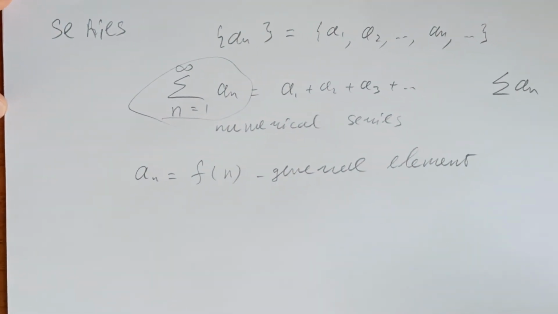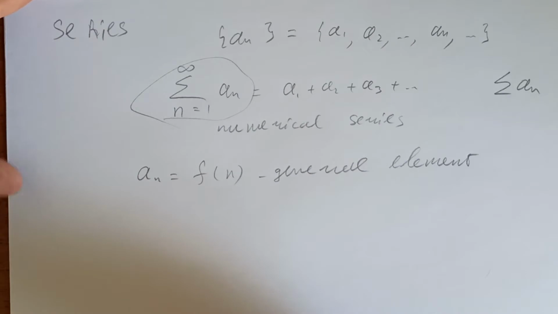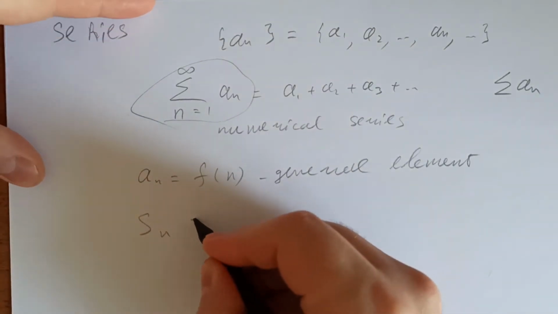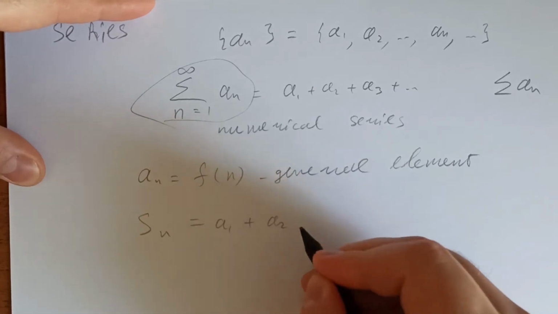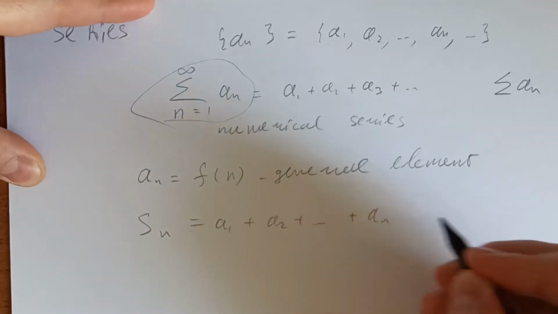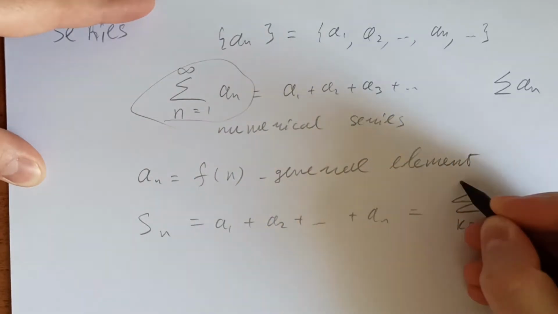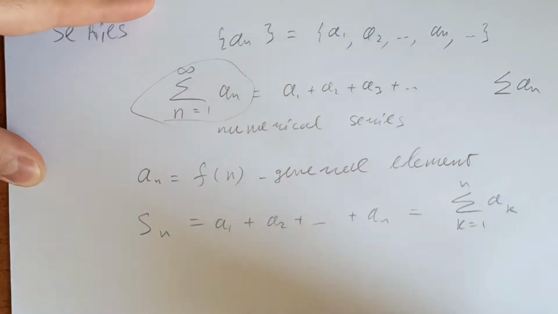How do we add this infinite number of elements? We have a partial sum S_n, which is a_1 plus a_2 plus so on plus a_n. Or we can write it as sum k from 1 to n of a_k.